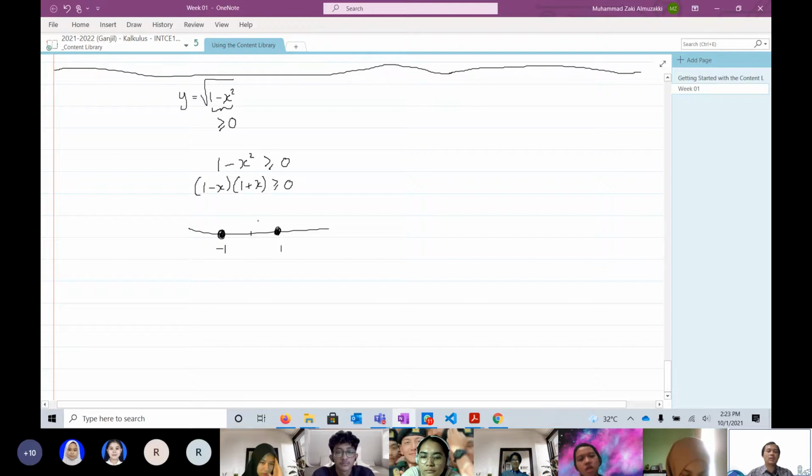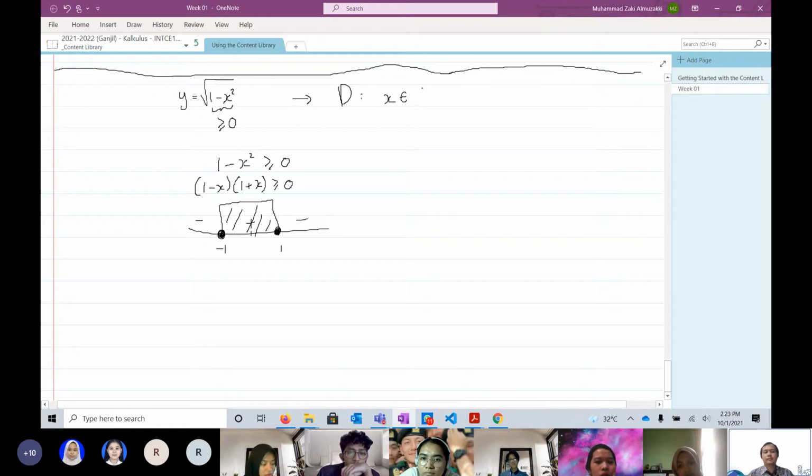Now we test with 0. If we put 0, the value here is positive, and so the rest is negative. That's why this is the solution. That's why the domain of this is x in -1 to 1.